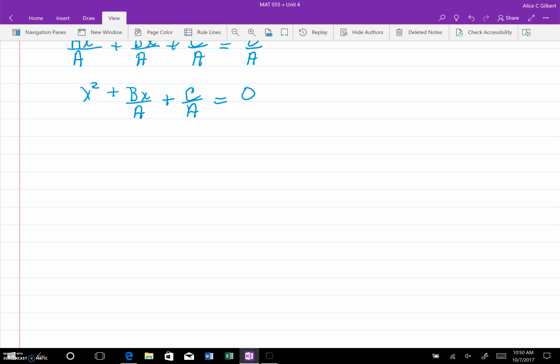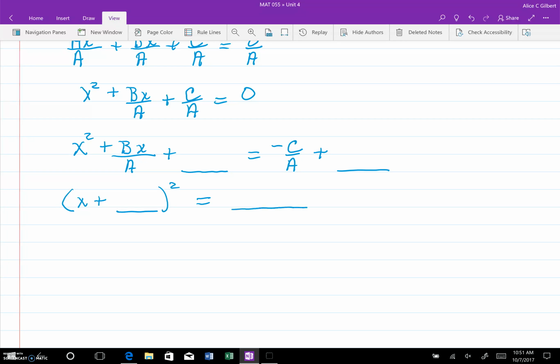First step is to open up that third spot. I'm going to put a blank there. I need to move the c over a to the other side, and I'm going to put a blank there. And this is getting ready to have the perfect square trinomial.